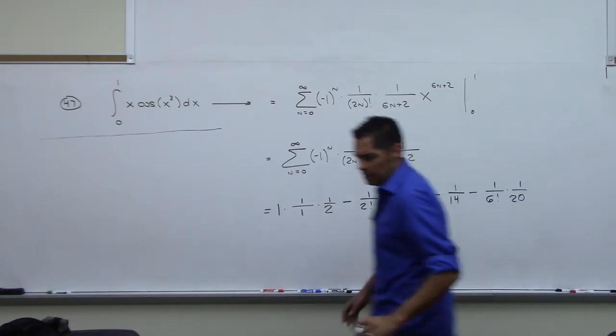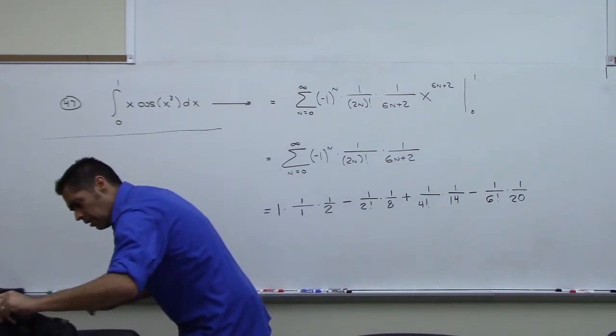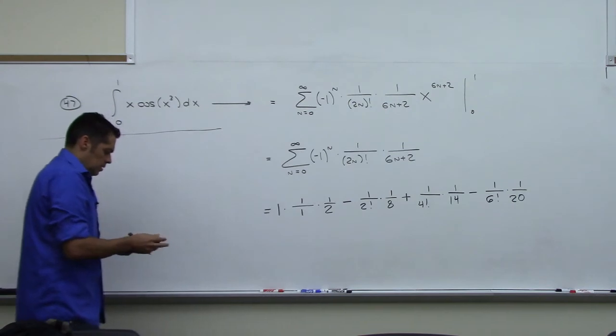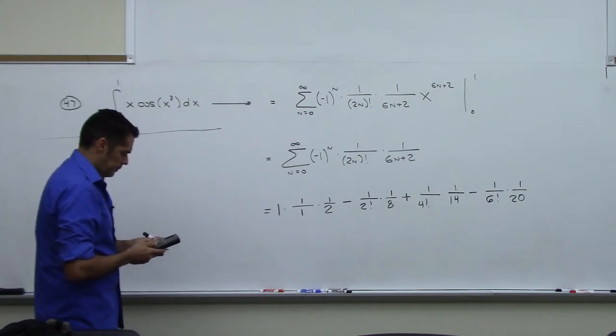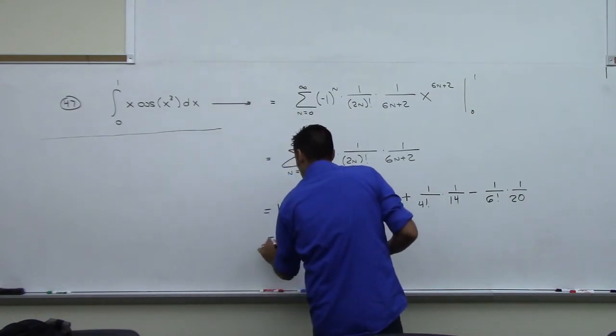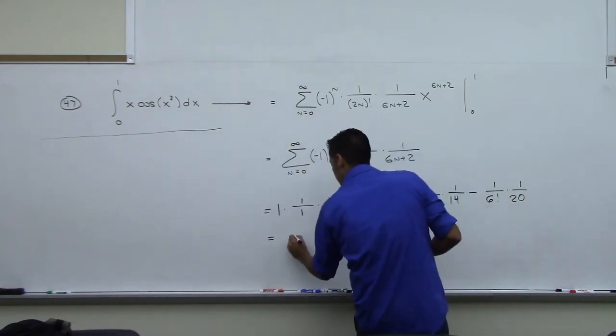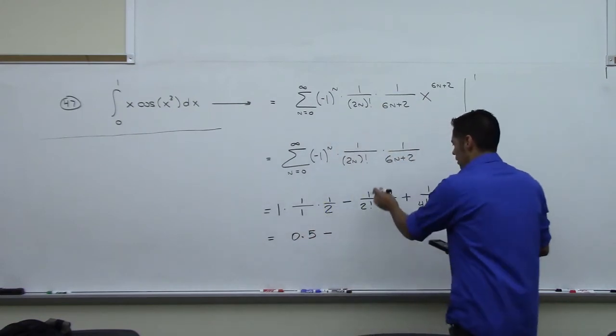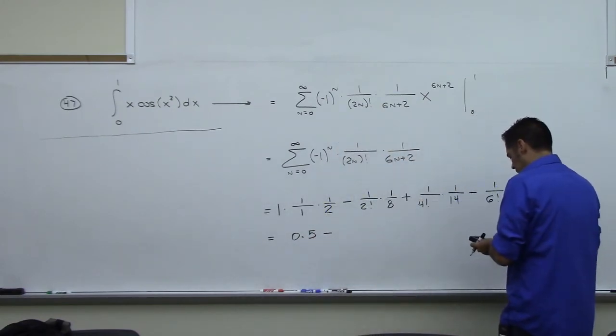So I'm going to need my calculator, and I actually don't know if I brought it. I did. Okay. This right here is 1/2, so this is 0.5 minus. Okay, this is just going to be 1/16, right?